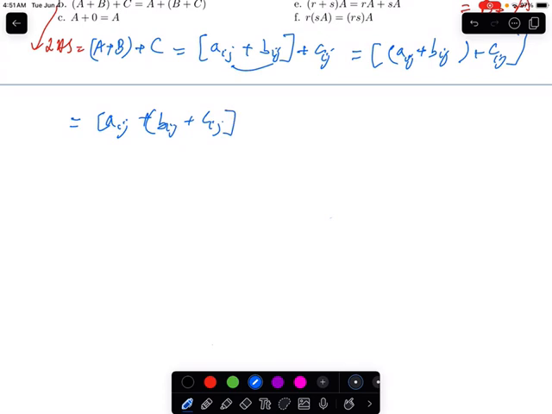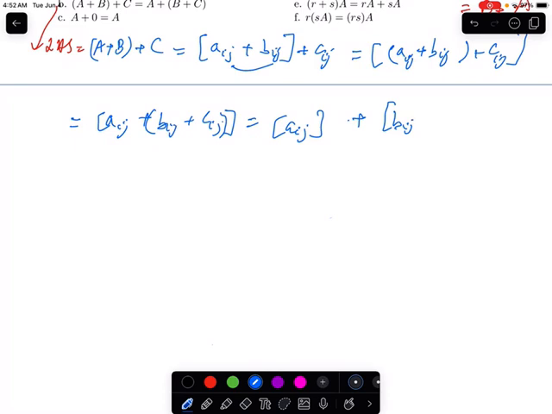So this is the matrix A plus Bij plus Cij.